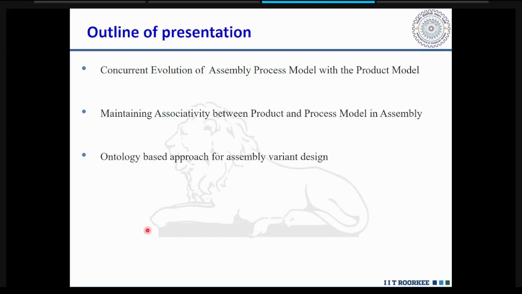Three types of integration I will discuss: first, concurrent evolution of the assembly process model with the product model; then maintaining associativity between product model and process model; and third, an ontology-based approach for assembly variant design.